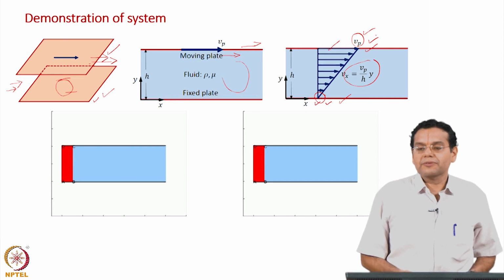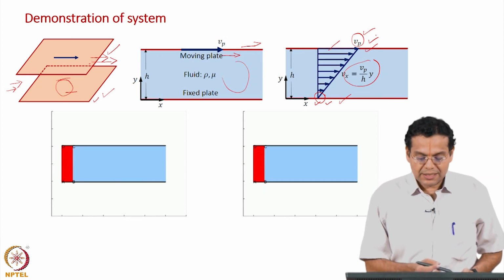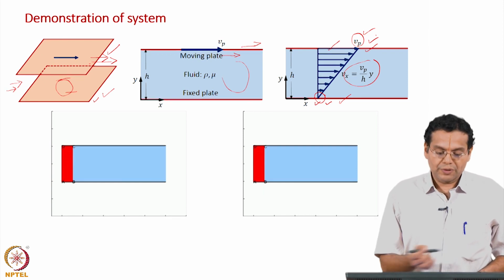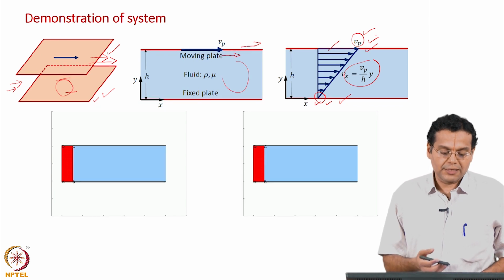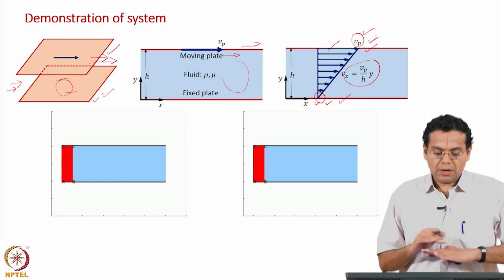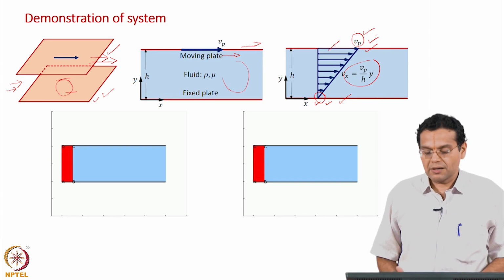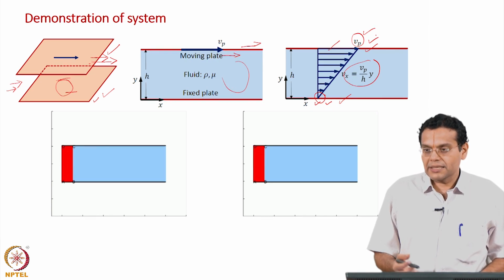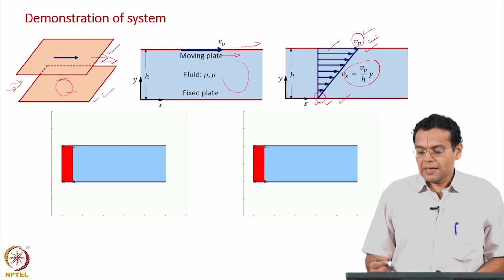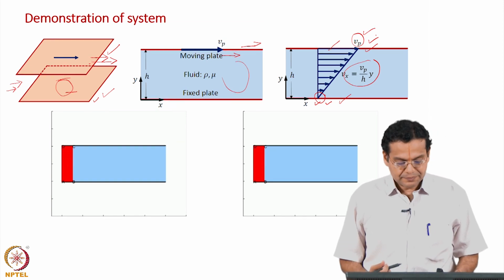Okay. Of course, this velocity profile is required to understand what I am going to show now. So, to quickly summarize this geometry, we have two plates, the bottom plate is stationary, the top plate is given a constant velocity, and that sets the fluid between the two plates in motion, and the velocity profile is linear. Okay.